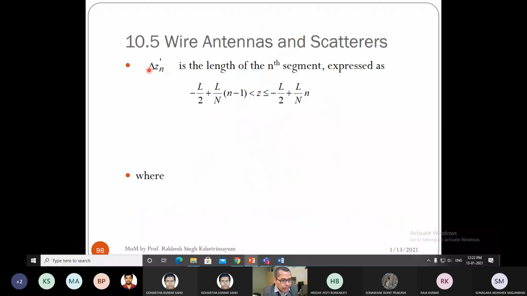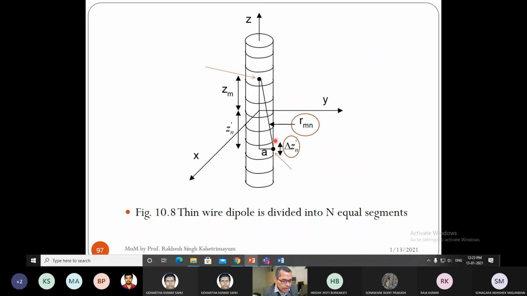Now let us find the length of the nth segment. The nth segment starts here and ends here, and the point we have considered is the center of it. We usually denote the length of the dipole as L, running from minus L by 2 to plus L by 2.